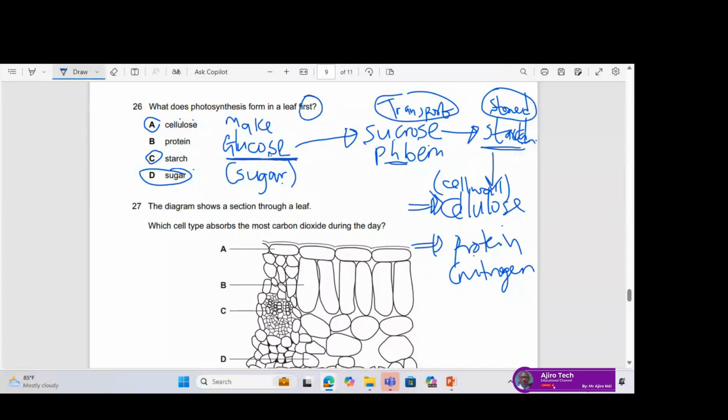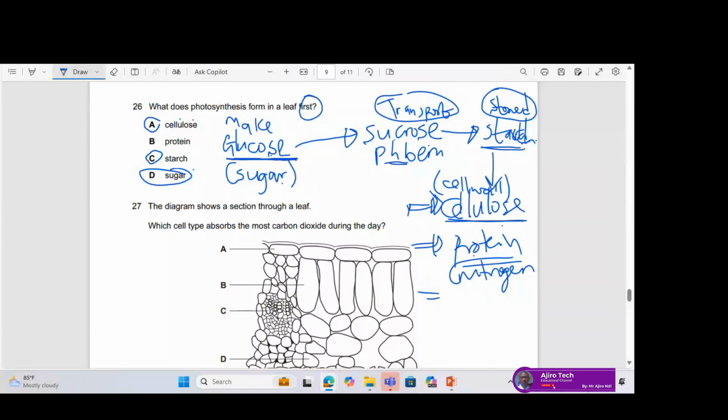Sometimes they can convert this glucose to other chemicals that they need, either cellulose to make their cell wall. They can convert them to proteins for their development, for cell repair and other things. They can convert it to starch too for storage. So that's what they use their glucose for.